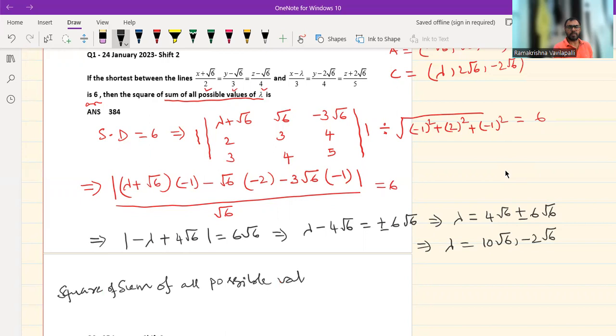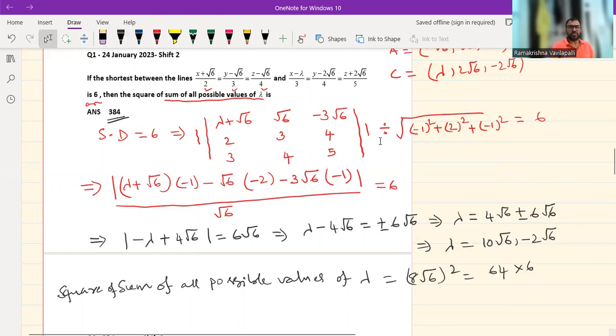All possible values of lambda equal to, adding these two, you will get 8 root 6. This whole square, that's equal to 64 into 6. That's it. You will get 384.